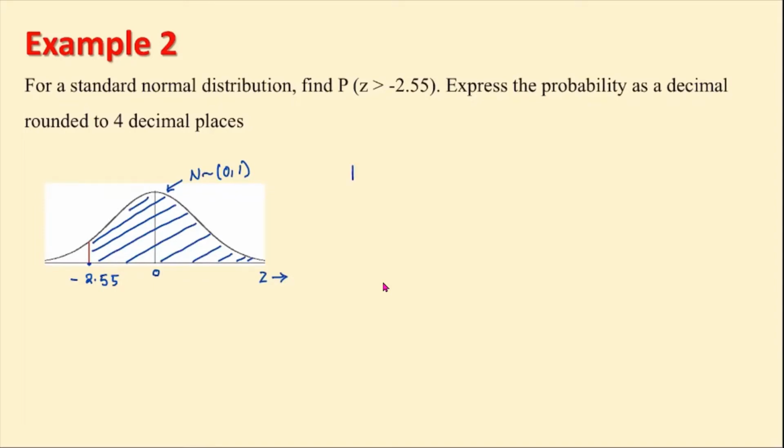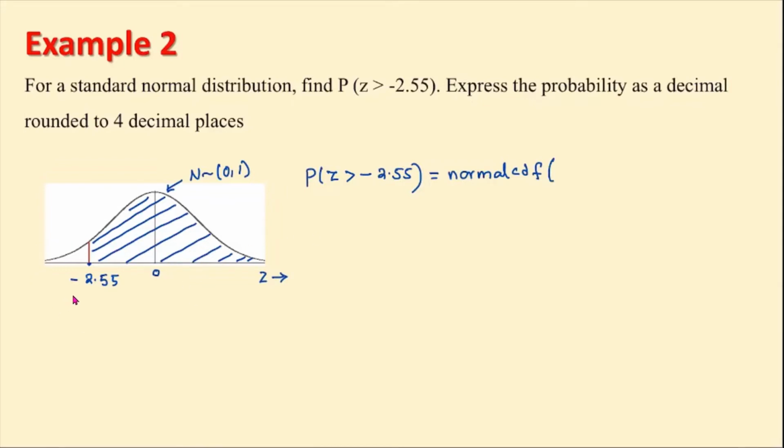So here we want the probability that the z-score is greater than negative 2.55. And this is equal to normal CDF. That's what we use in our calculator. Normal CDF, because we are calculating the probability. So whenever we are calculating the probability or area, we use normal CDF. Then we start with the lower boundary for the area.